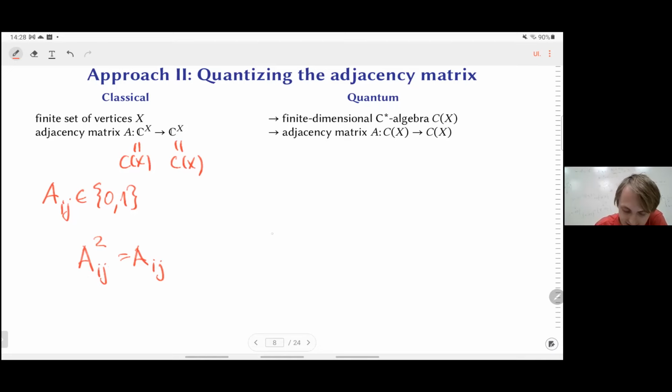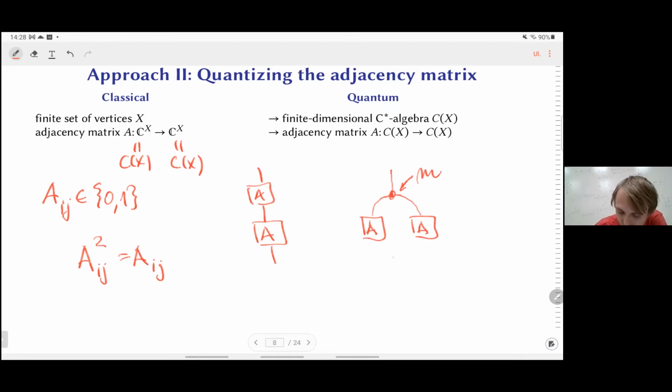Well, as I said, instead of composing those matrices, we need to write them side by side, and then taking the outputs of the matrices, we need to somehow multiply those outputs. This is my diagrammatical way to write multiplication in the C-star algebra.